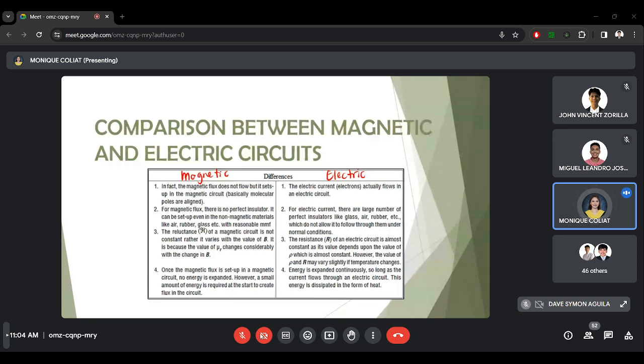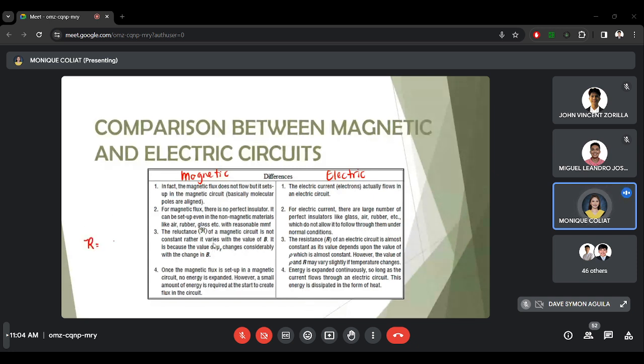Next, the reluctance of a magnetic circuit is not constant, rather it varies with the value of B or flux density. It is because the value of mu r changes considerably with the change in B. What does it mean? Diba?